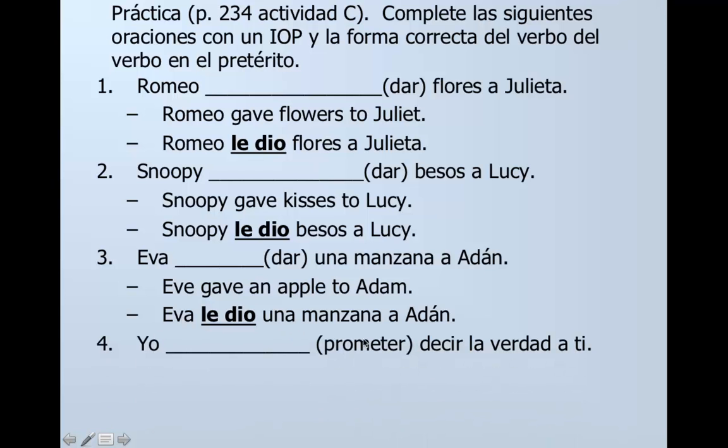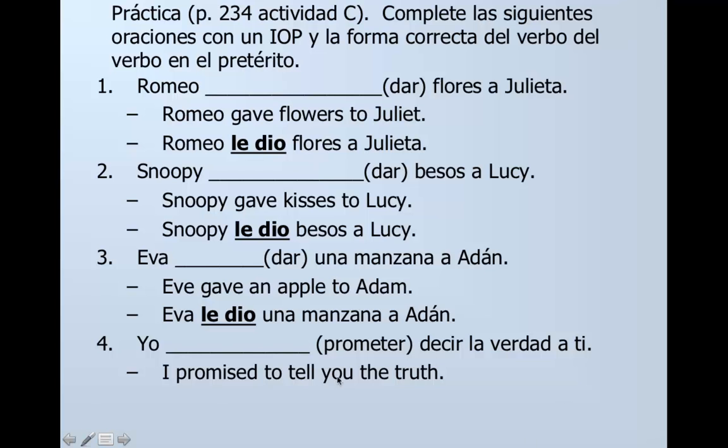Yo prometí decir la verdad a ti. I promised to tell you the truth. Or you can translate it to, I promised to tell the truth to you. Again, there's one of those situations where the "to" is not always expressed, or doesn't have to be expressed, when we say it in English. So to whom? I promise to tell the truth to whom? To you.